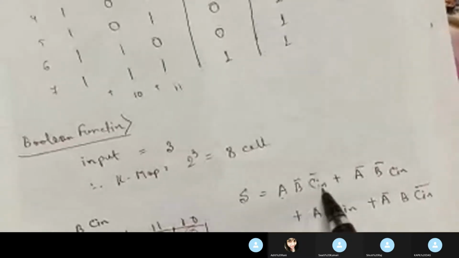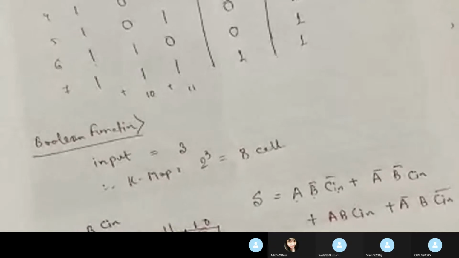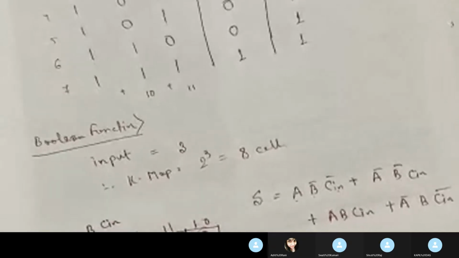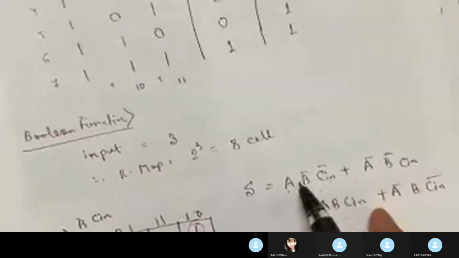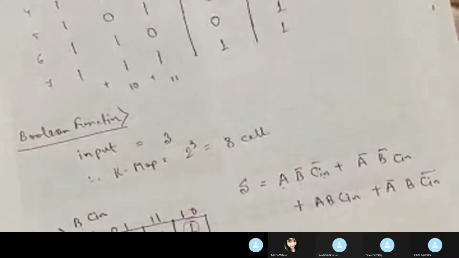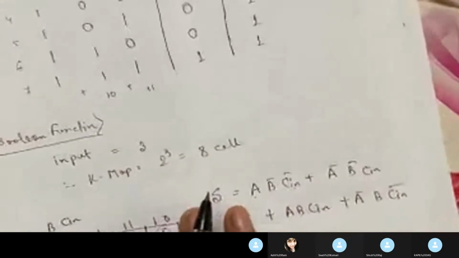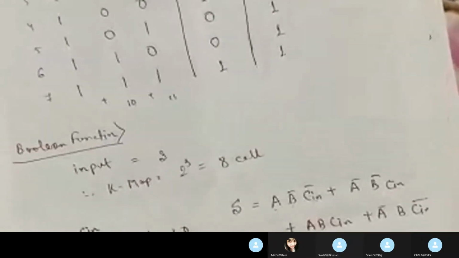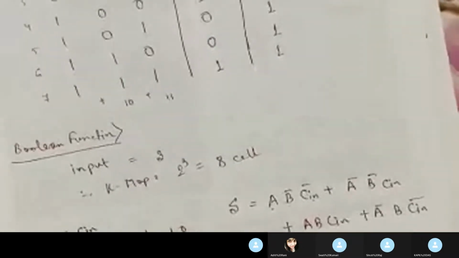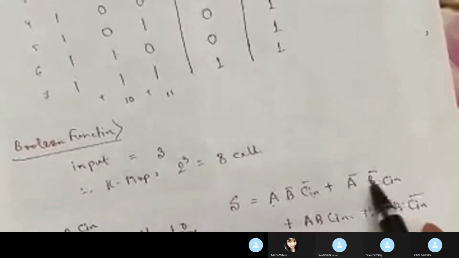See, A B bar C in bar, because here A is 1, B and C both are 0, both are complemented. For the next one, A and B both are complemented. C in is only 1.